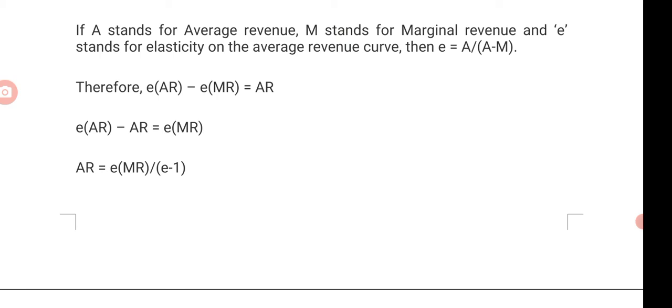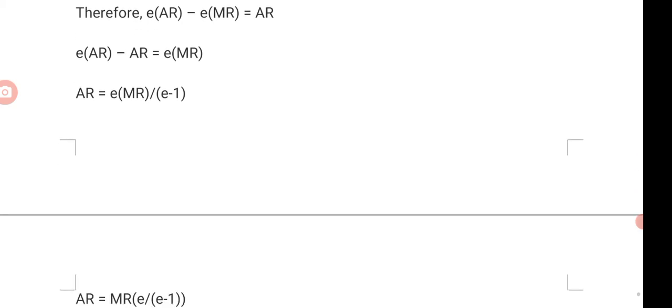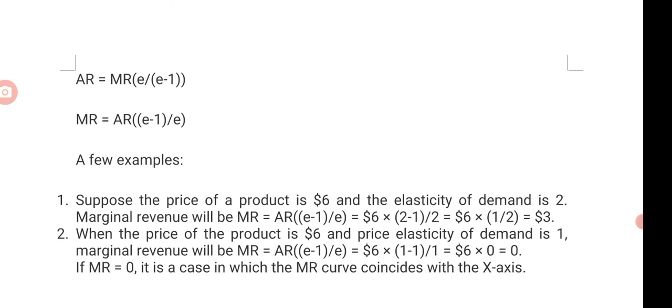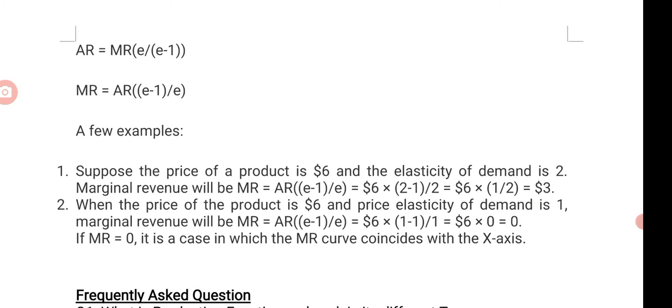A few examples. Suppose the price of the product is $6 and the elasticity of demand is 2. Marginal revenue will be MR is equal to AR times (E minus 1) upon E, which is $6 multiplied by (2 minus 1) upon 2, which is $6 multiplied by 1 upon 2, which is $3.